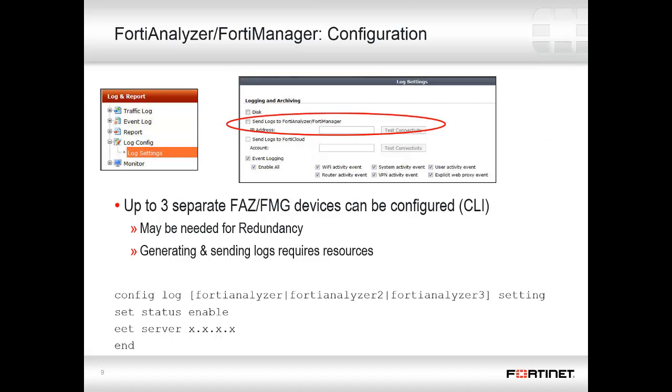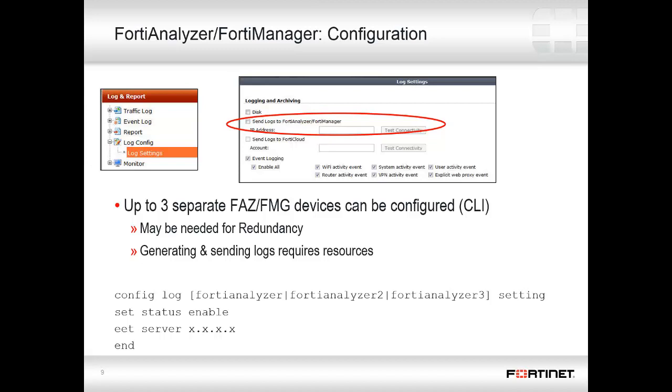Configuring logging to a FortiAnalyzer or FortiManager is the same regardless of the device. You can do it in the GUI under Log and Report, Log Config, Log Setting. If you go into the CLI, you can configure up to 3 separate FortiAnalyzer or FortiManager devices.